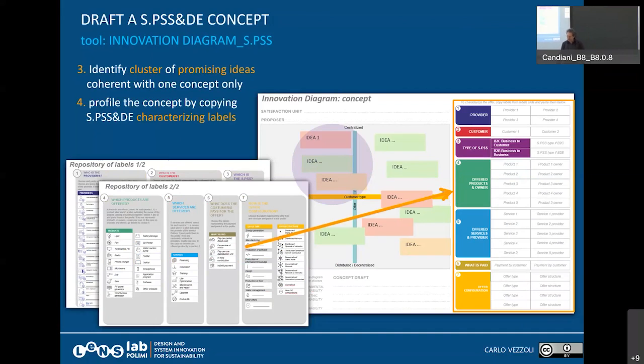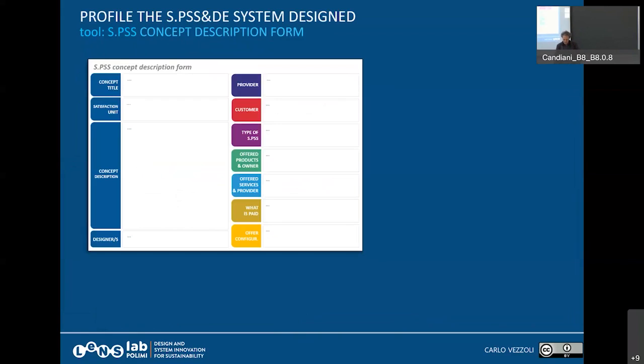And as I said to you, if you remember, you will be profiling this starting concept, this draft concept, to understand whether it's really oriented to SPSS, what kind of configuration it is, is it decentralized, distributed, or whatever it is, what kind of product, and what about the ownership.